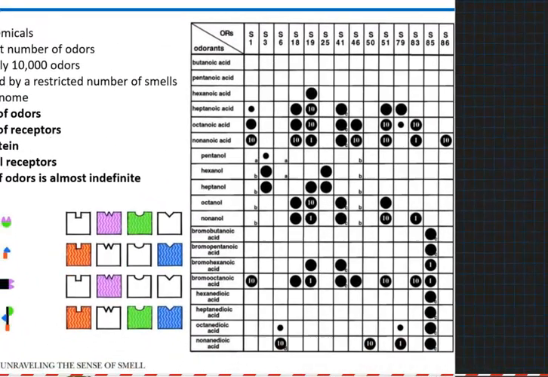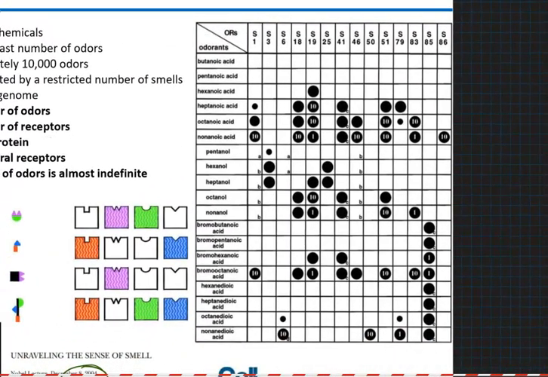So, we have several sensory smell receptors, S. Okay, so let's take a look at S18. There is no particular reason why I chose it. So S18 can be stimulated by all those compounds.